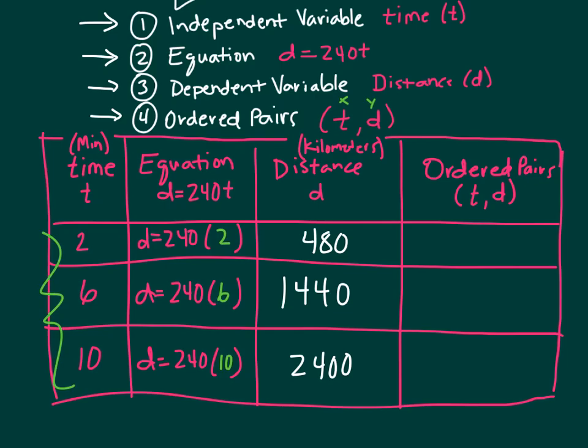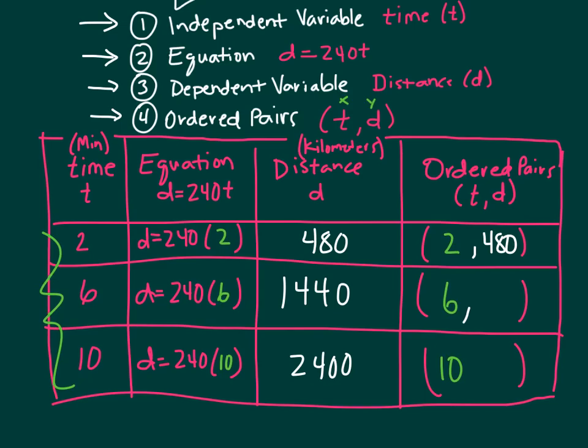And then when you do your ordered pair, you're going to fill in what your ordered pair is. So I've got 2 for my time, 6 for my time, and 10 for my time. These are in minutes, remember. Then my distance that it travels at 2 minutes would be 480 kilometers.